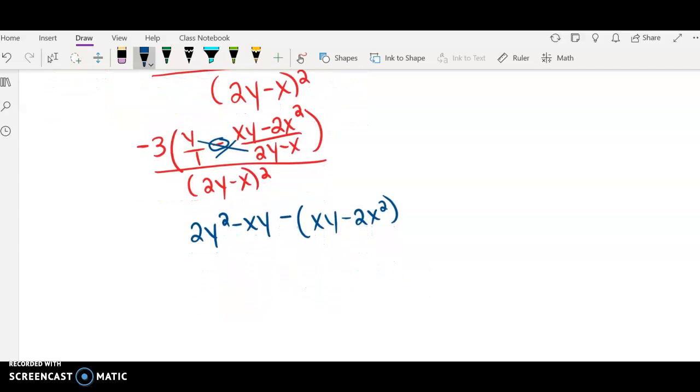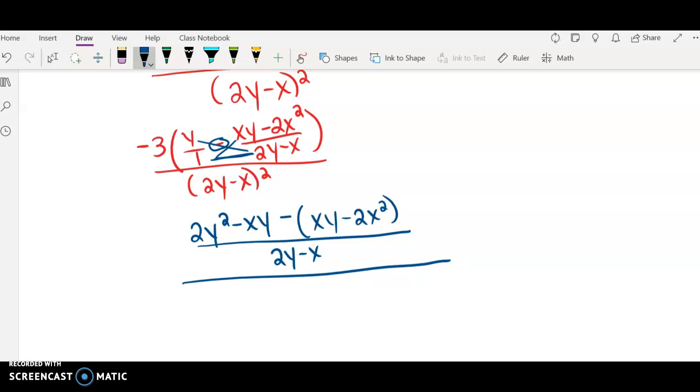And then your denominator you will get by multiplying these two denominators together. This is a nice problem because I have 2y minus x times 1, so that just leaves me with 2y minus x. And then we have to remember that it's going to be all over 2y minus x all squared.